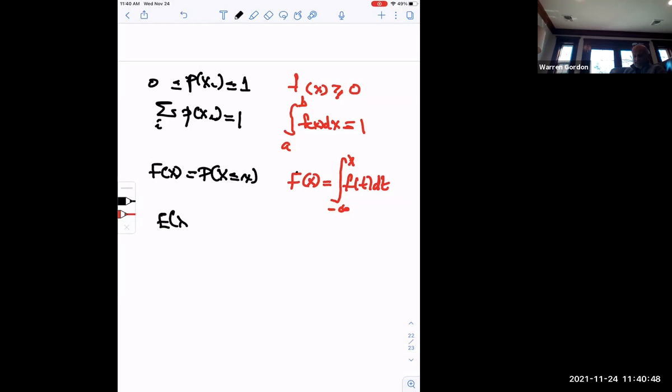E of x will be the summation of x i, p of x i. What's going to happen in the continuous case is the integral of x f of x dx, and V of x hasn't changed.